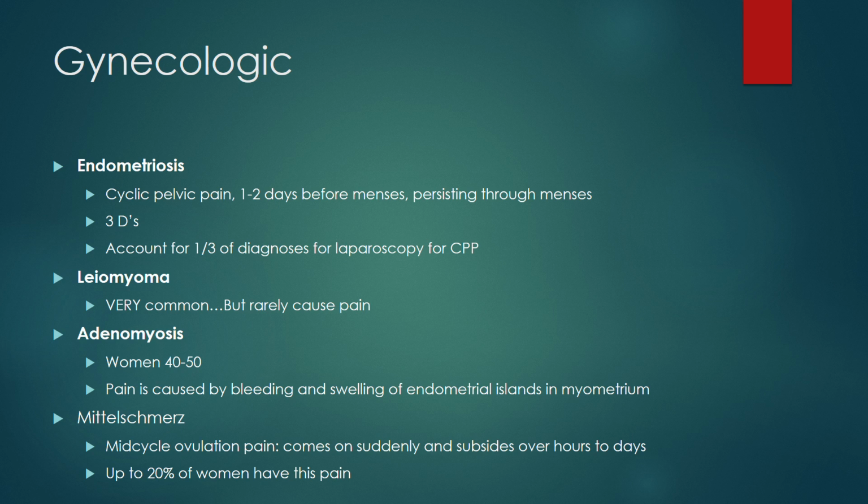For leiomyomas, the esteemed Dr. Anderson talked about this two weeks ago, I believe. Very common, but it rarely causes pain. So when we see it on the ultrasound or the CT scan in a woman who has pelvic pain, don't jump to that conclusion. Consider other causes as well.